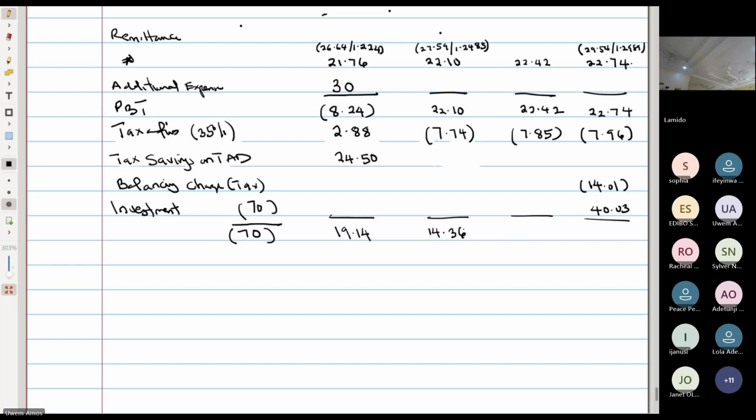Next one, 22.42 minus 7.85. 14.57. The next one, 22.74 minus 7.96 minus 14.01 plus 40.03. We have 40.8.